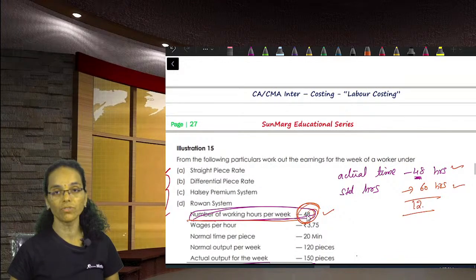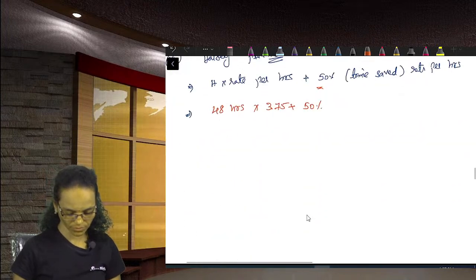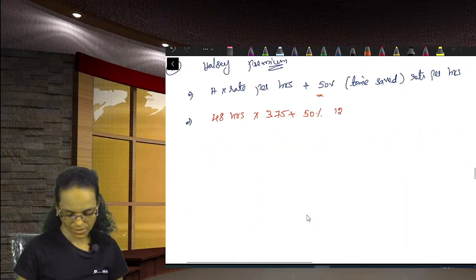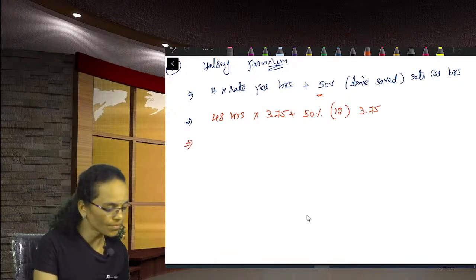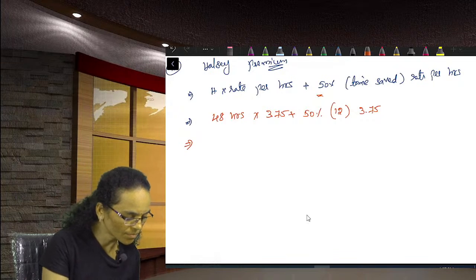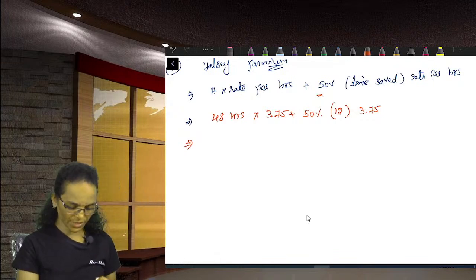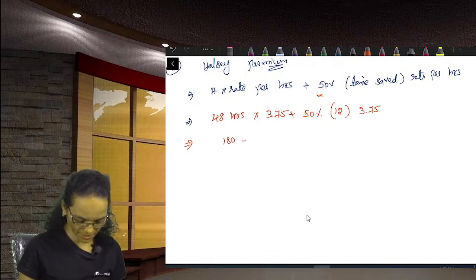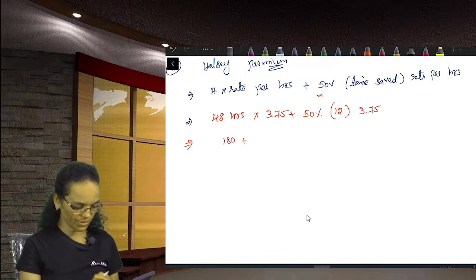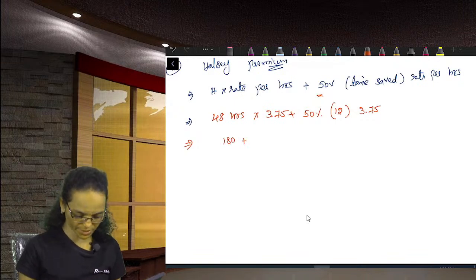Difference between these two is 12 hours. So 48 into 3.75, that is 180, plus 12 into 3.75 into 50%, that is 22.5.